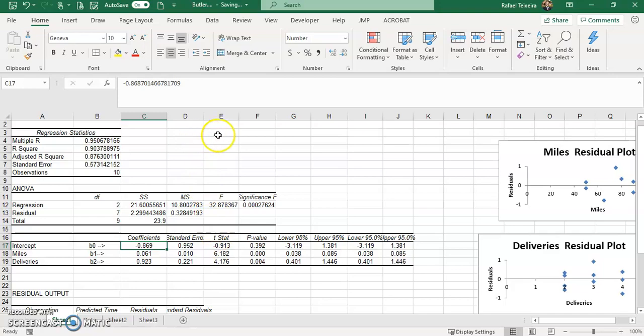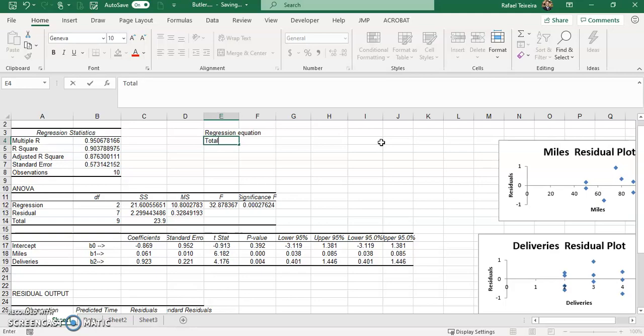If I have to write the regression equation, what I have is total time, or Y, is equal to B0. B0 is negative 0.869, plus 0.061, this coefficient here, multiplied by miles, plus the other coefficient, 0.923, multiplied by deliveries.